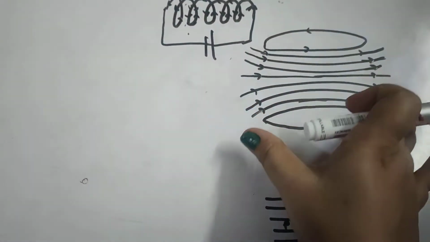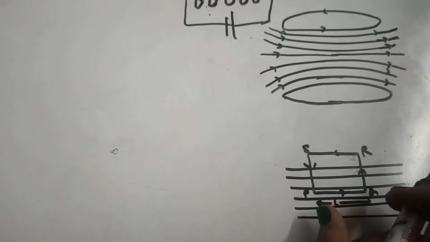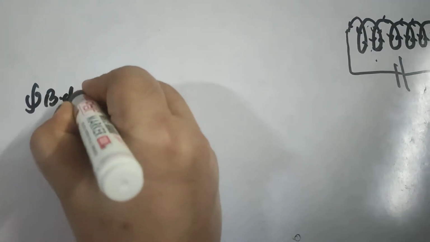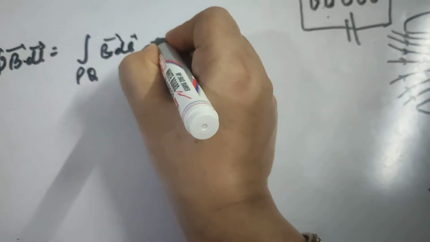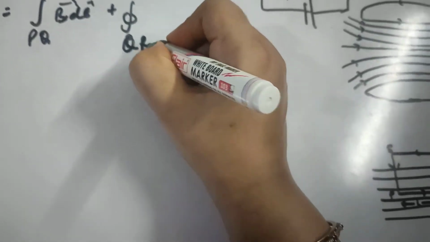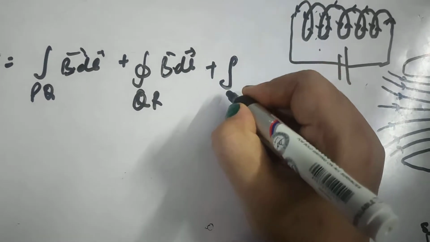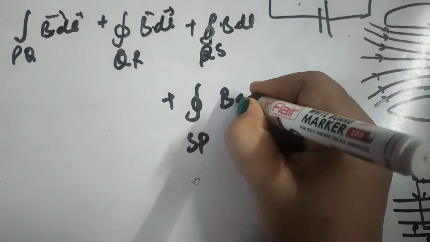Here I have shown the direction of magnetic field lines generated, and let this PQRS be the Amperian loop of length L. Now the total magnetic field can be calculated as the integral of B dot dl equal to the integral from P to Q of B dot dl, plus the integral QR of B dot dl, plus the integral RS of B dot dl, plus the integral SP of B dot dl.